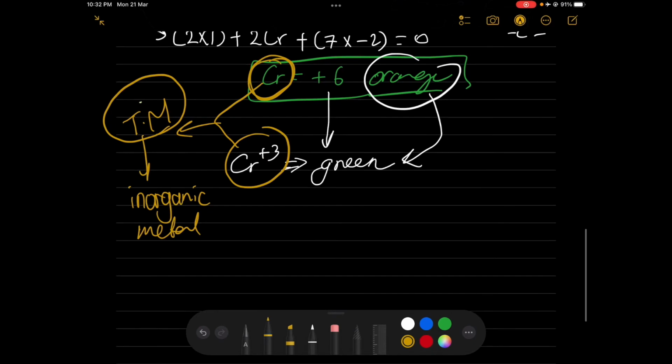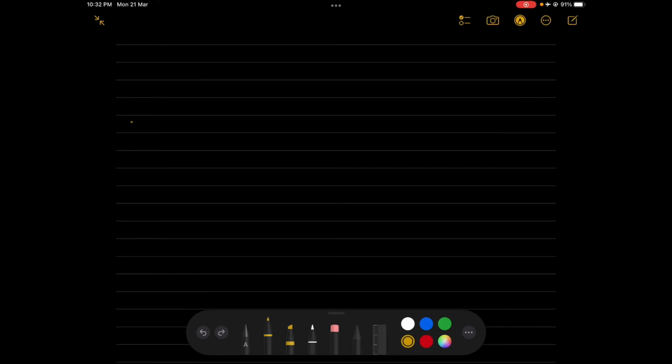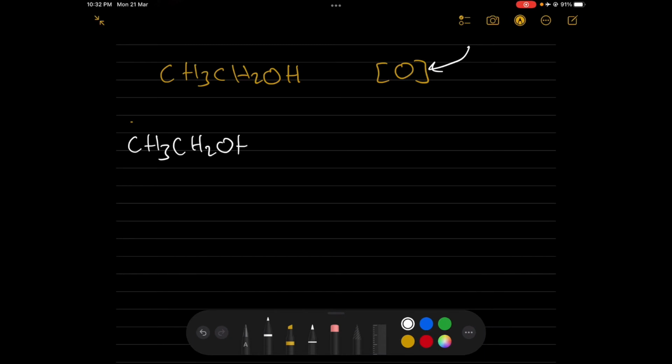Another thing to discuss: if I ask you to describe the oxidation of ethanol to aldehyde in terms of the oxidizing agent, which is oxygen between square brackets, how can I deal with such an equation? First, you write the alcohol, CH3CH2OH, and add plus oxygen.